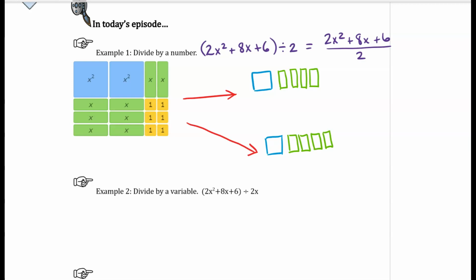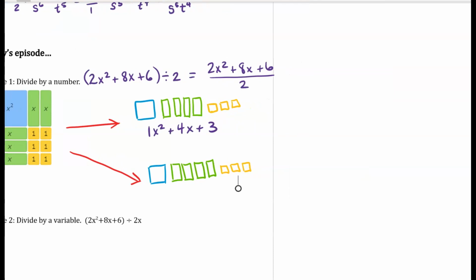I start with 6 units and I want to divide them into 2 groups, so I'm going to put half of those units in the first group, which is 3 units, and the other half, which is 3 units, in the second group. Now I have the original model divided into 2 groups, and I can see what my answer is. Each of these groups represents 1x squared plus 4x's plus 3. And that's the answer I get when I divide that original polynomial by the number 2.